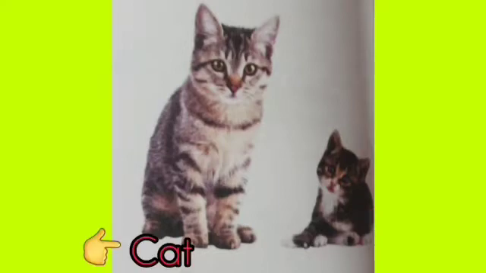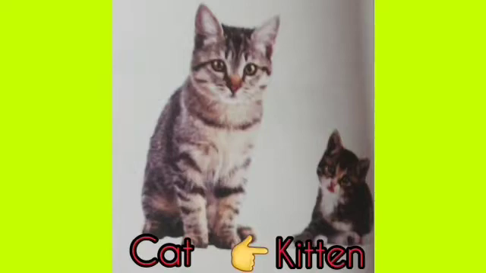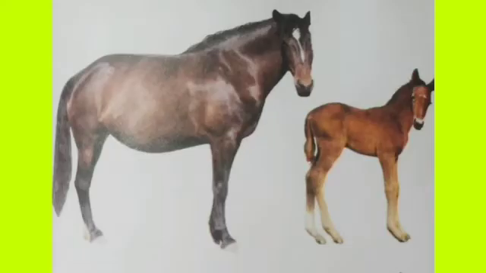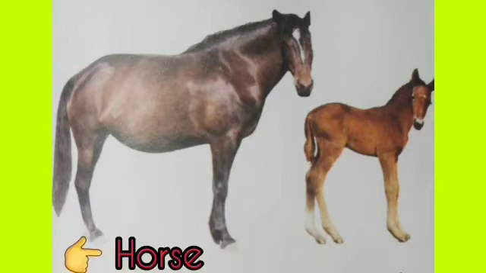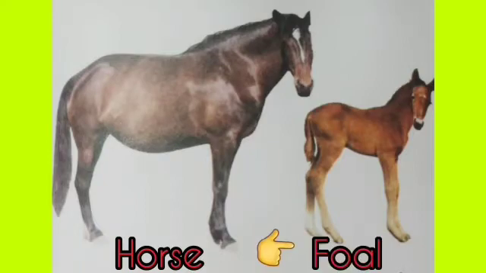CAT. Cat. KITTEN. Kitten. Next. Horse. Young one of horse is called foal. Horse के बेबी को कहते हैं foal. HORSE. Horse. FOAL.